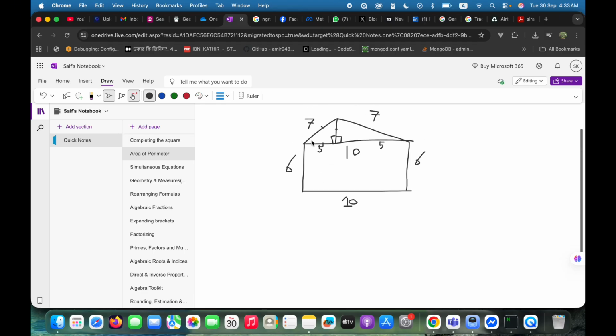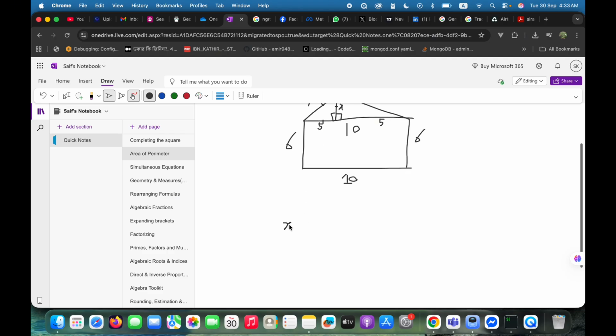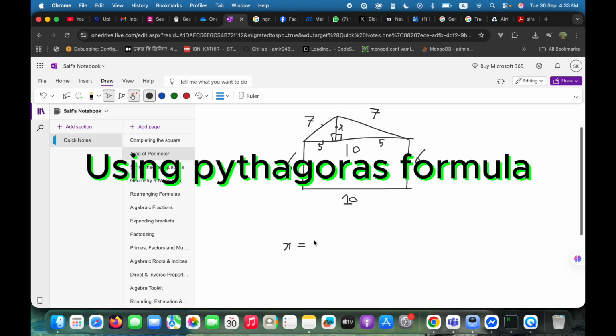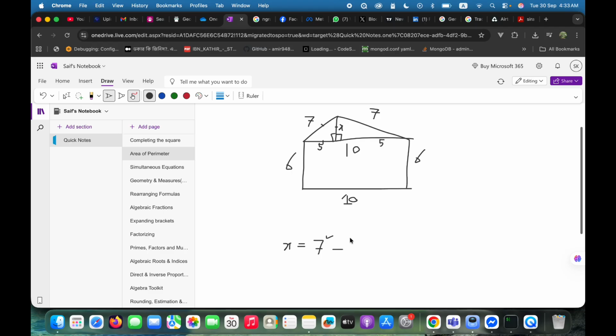Let's say this perpendicular is x. So x is the square root of 7 squared minus 5 squared, which is root of 49 minus 25. 5 squared is 25, so 49 minus 25 is root 24. 24 can be written as 4 times 6, so this can be written as 2 root 6.